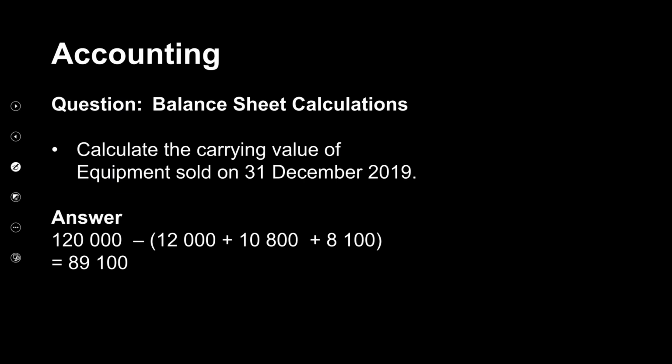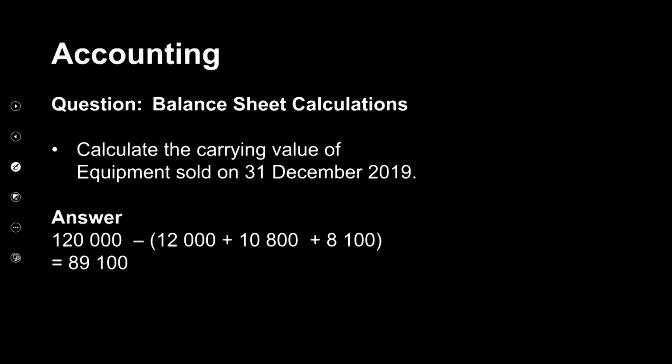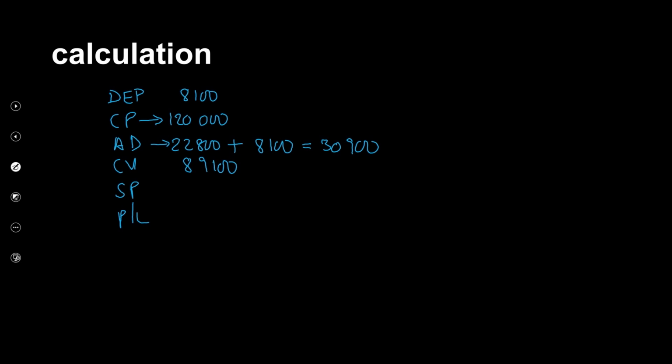And where did that come from? That came from this figure here. As you can see, 12,000 plus the 10,800 gave me a figure of 22,800. Therefore, this calculation is of extreme importance whenever you are dealing with an asset disposal. So there's my 22,800 at the beginning of this financial year.